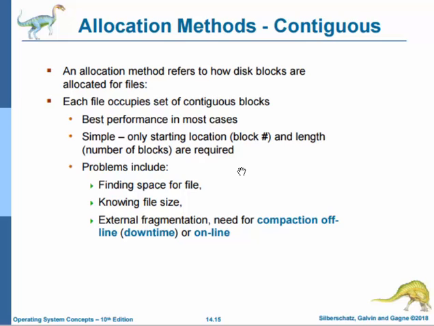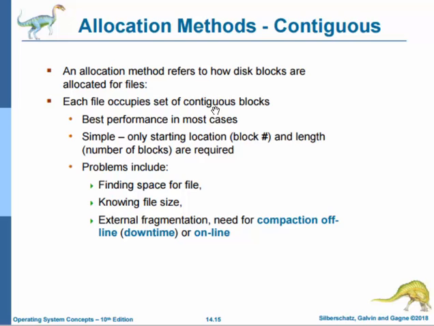The direct access nature of secondary storage gives us flexibility in the implementation of files, and in almost every case many files are stored on the same device, but the main problem is how to allocate the space to these files so that storage space is utilized effectively and files can be accessed quickly.